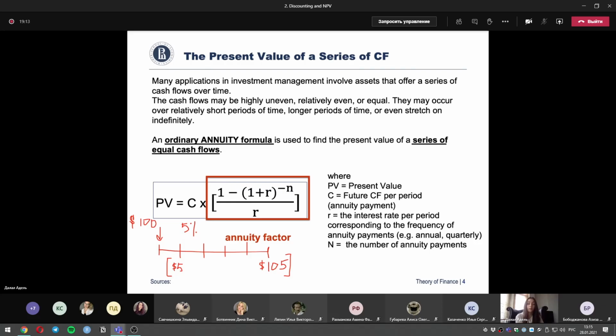So we can discount these cash flows by some opportunity cost of capital. For example, we can invest this $100 not in a bond, but in a coffee shop that will provide us, let's say, 7% a year.